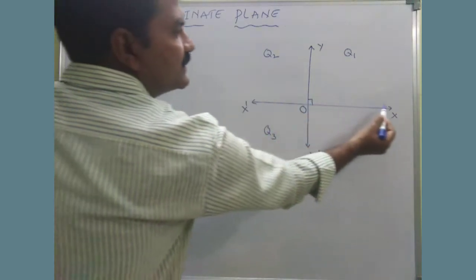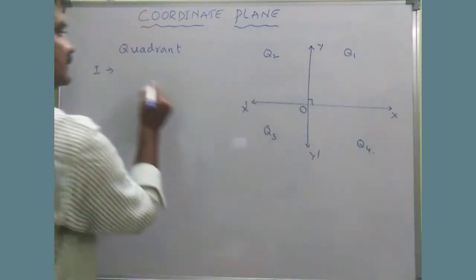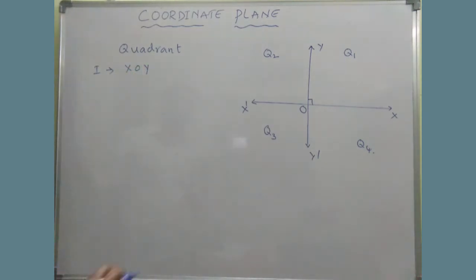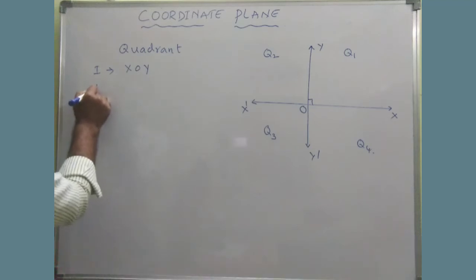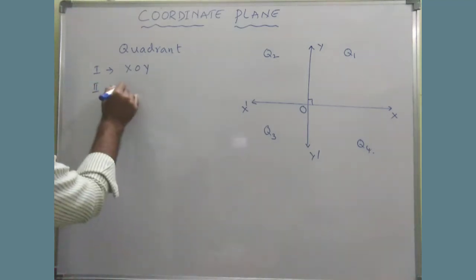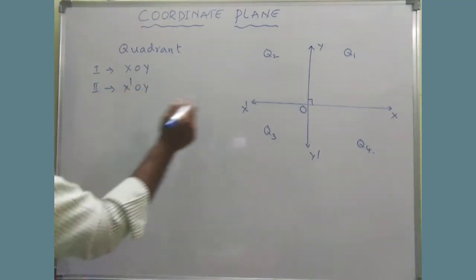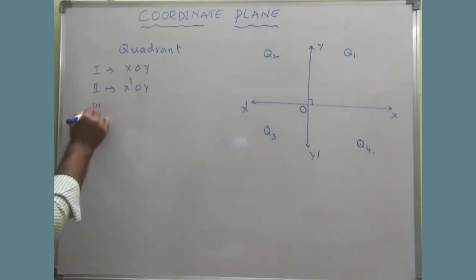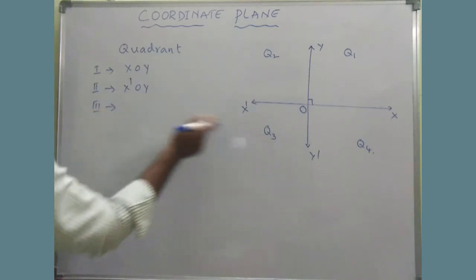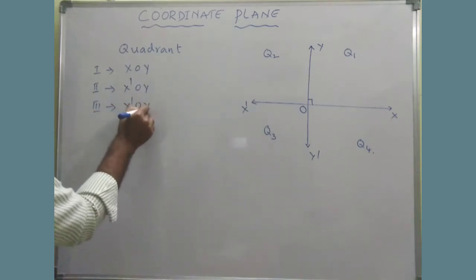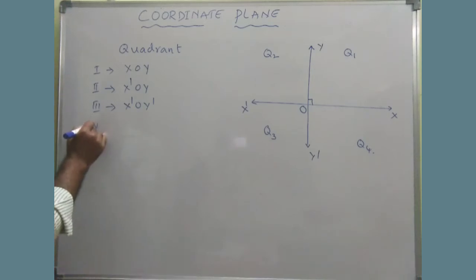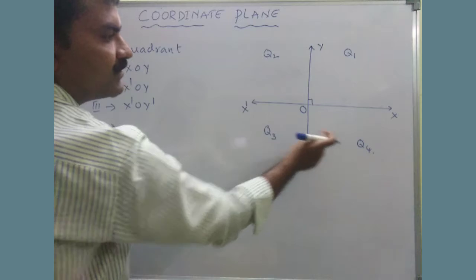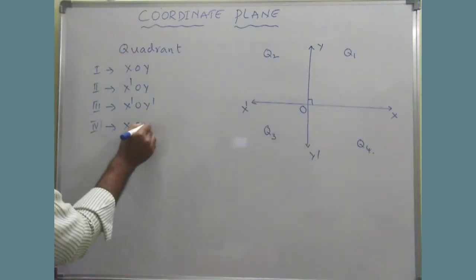The region XOY represents the first quadrant. And this region, X'OY, represents the second quadrant. Similarly, the third quadrant is X'OY', and finally the fourth quadrant is the region XOY'.